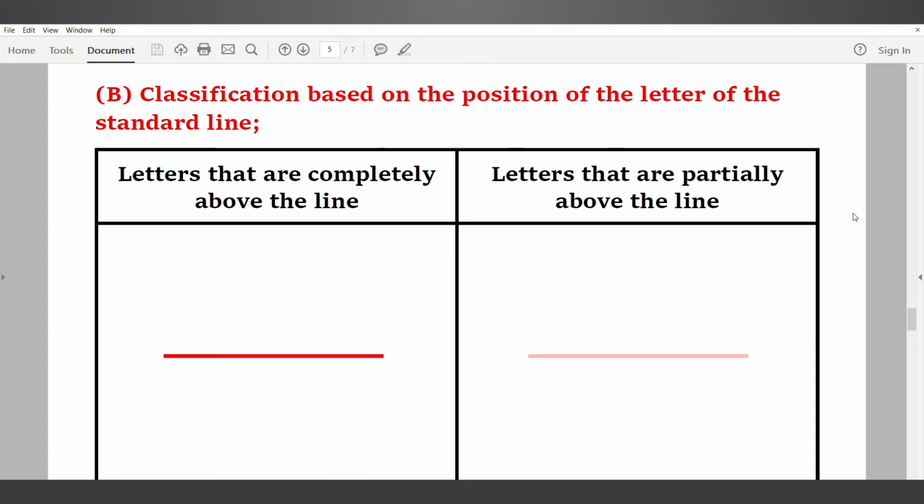As we saw, many letters are completely above the line, and some of them have part above the line and the other part below the line. But we have never experienced a letter that is completely below the line. So that's why I have 2 categories only in this classification.